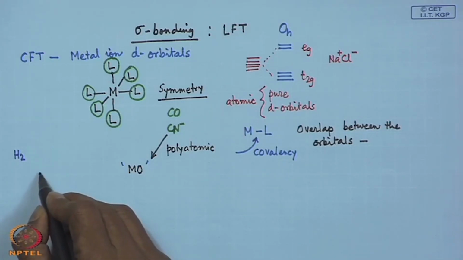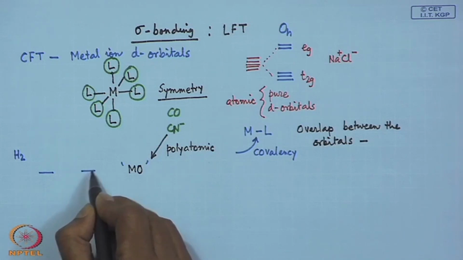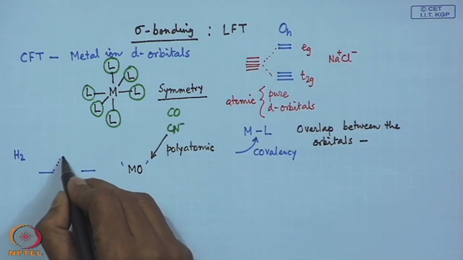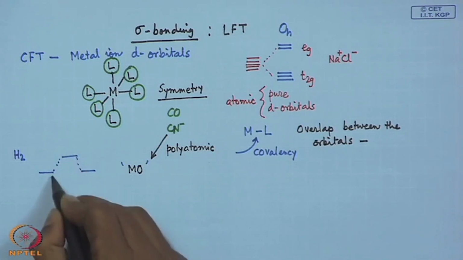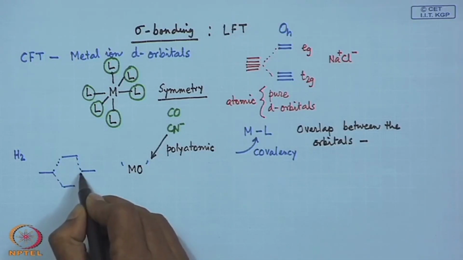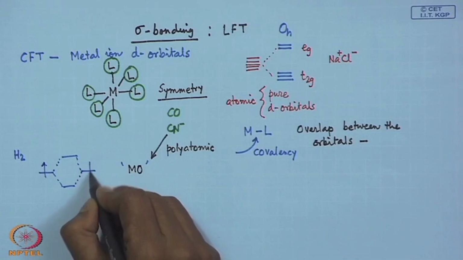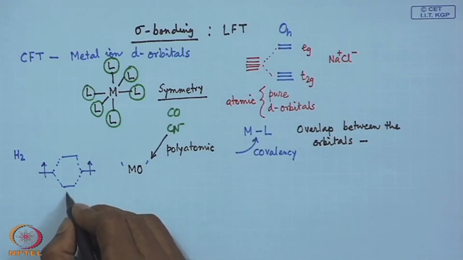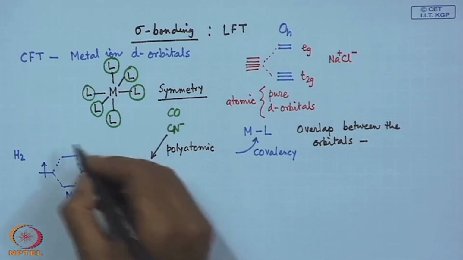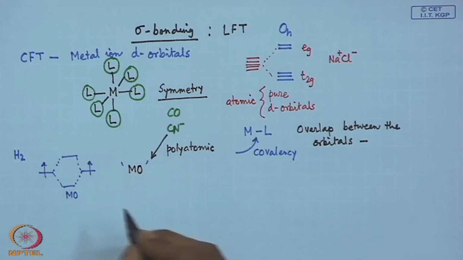For the hydrogen molecule we can have the molecular orbitals like this. One is the bonding molecular orbital and another is the anti-bonding molecular orbital.